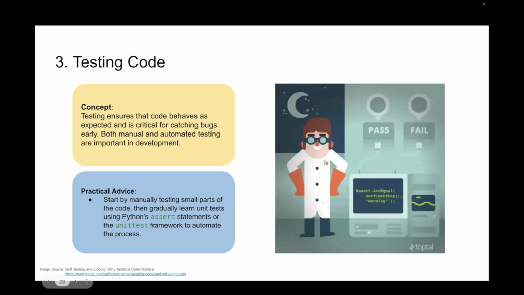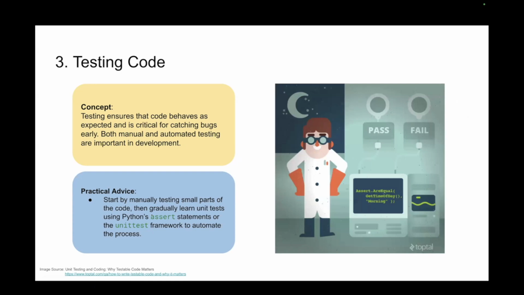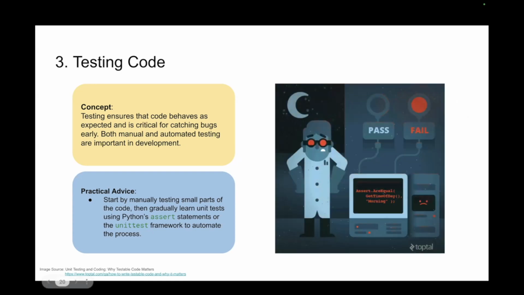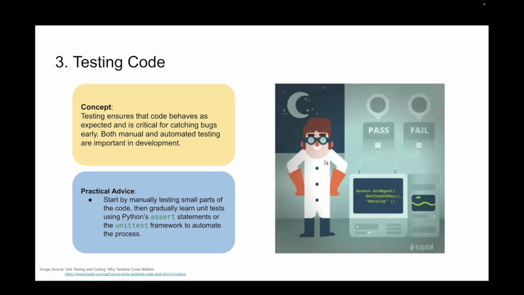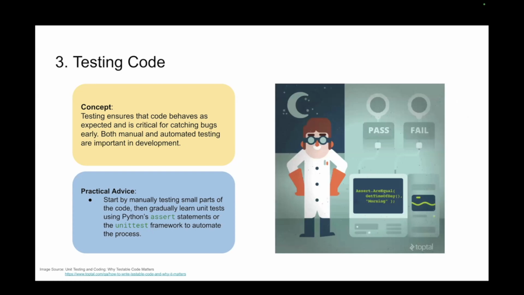In Python there is an assert statement which will check whether a certain file or value is what you expect or not, and unit tests are something bigger. I hope you all can learn them in the future when you're more advanced. By doing this, you automatically test your code and make sure the quality and the output are correct.